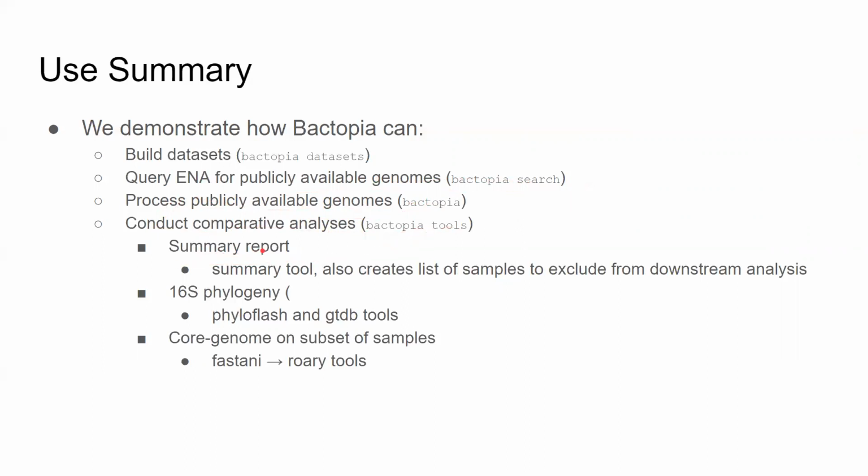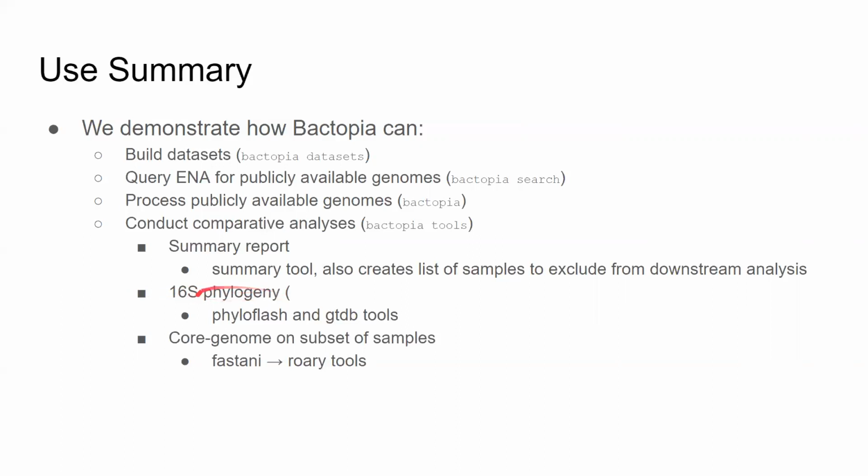So we have a summary report. The summary tool is pretty convenient because it creates a list of samples that you should probably exclude. When you run the summary tool, you can set thresholds, like I want at least 20x coverage, or I don't want samples that have 1,000 contigs for downstream analysis, because those are probably samples that may have an issue that I should check out, or I don't need those.